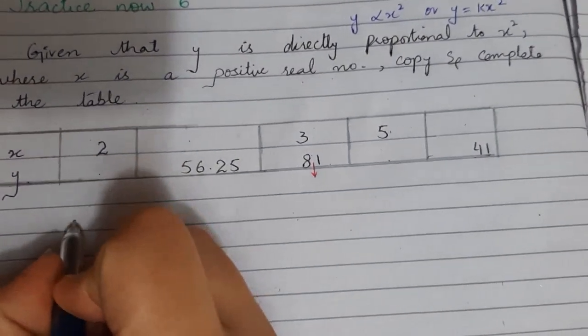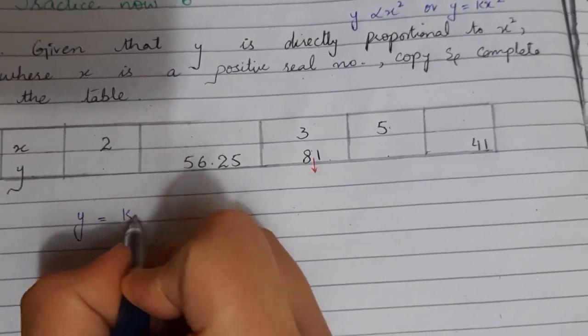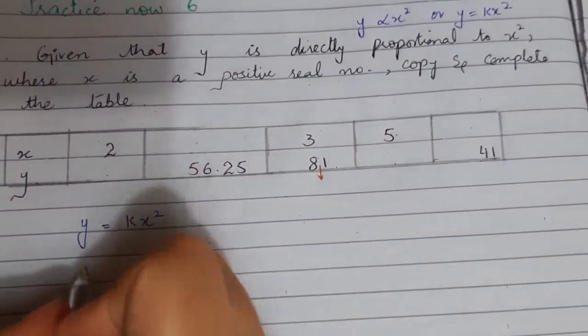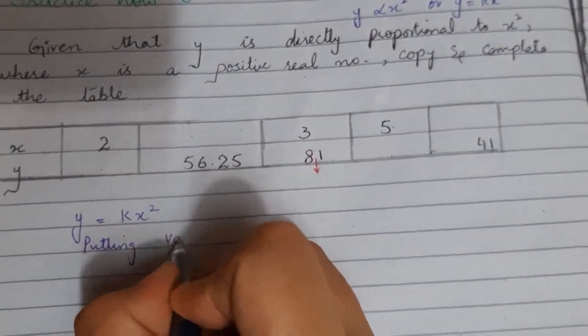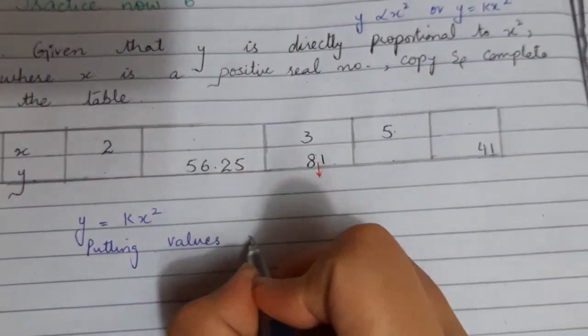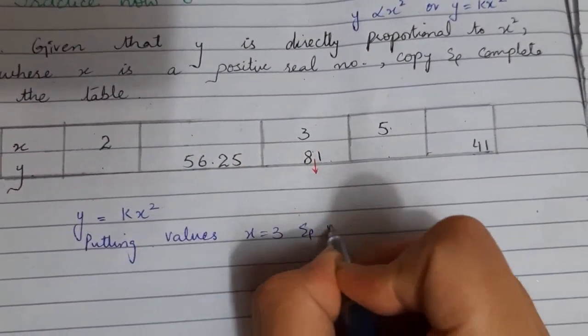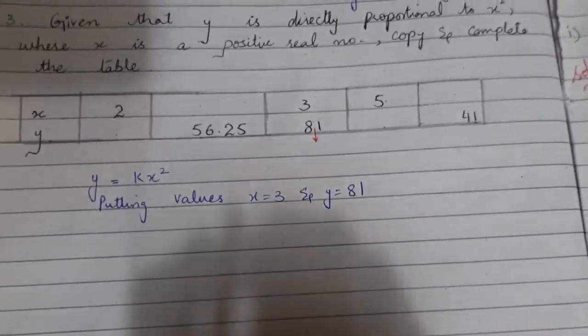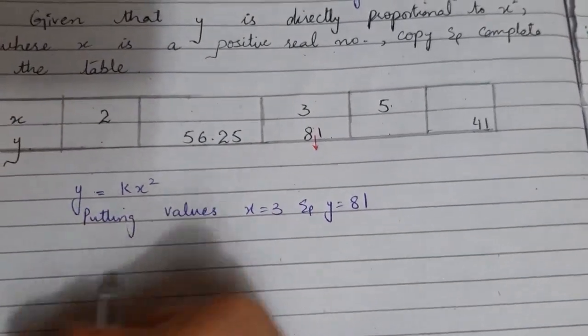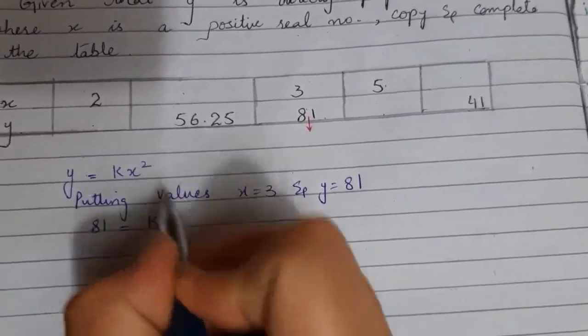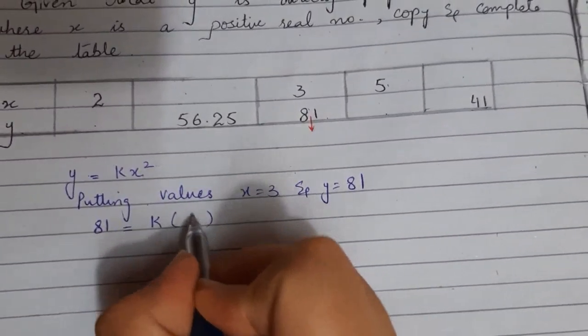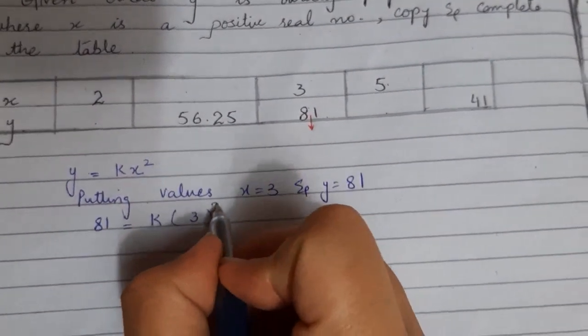So starting with the equation, which is y is equals to kx square. Putting the values, x is equals to 3 and y is equals to 81. Put this in this equation. What is the value of y? 81, which is equals to k, and the value of x is given to us, and x has a power 2, so write 3 power 2.